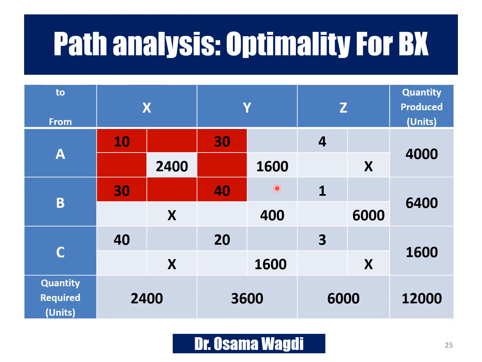Next cell, which is PX 30, so the transaction going to be 30 plus 40 minus 30 minus 10, or 30 minus 10 plus 30 minus 40.